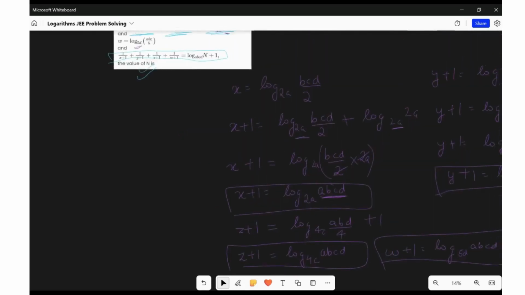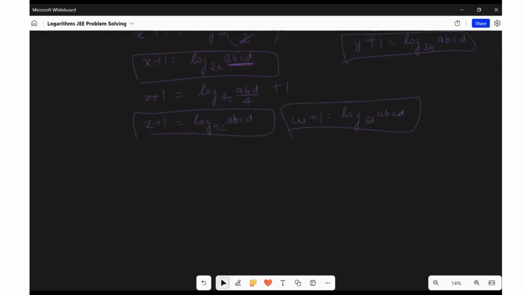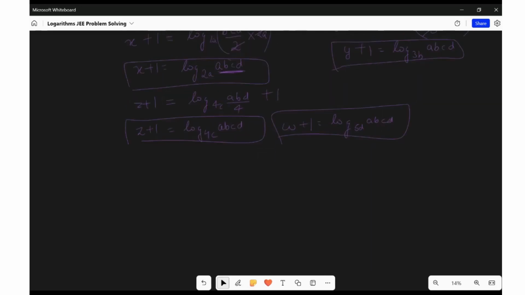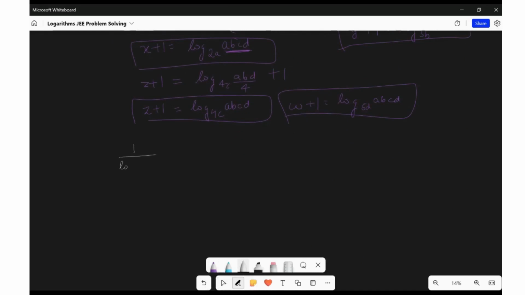Now we are given that the sum of reciprocals of these is equal to log n base ABCD plus 1. So to bring in this value, we have to write the reciprocal. So we need to write 1 by x plus 1 as a single value. For that we can write 1 by log ABCD base 2a plus 1 by log ABCD base 3b plus 1 by log ABCD base 4c plus 1 by log ABCD base 5d.